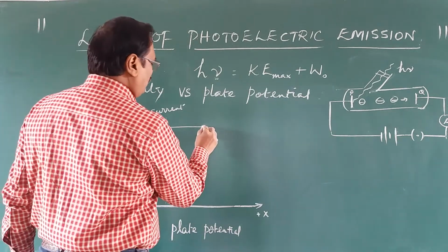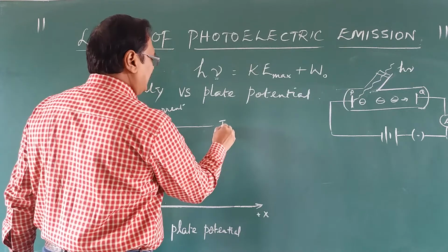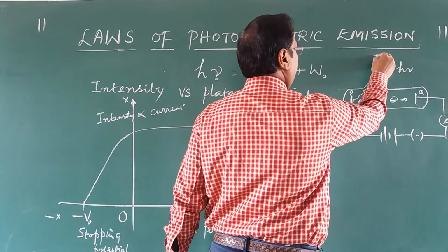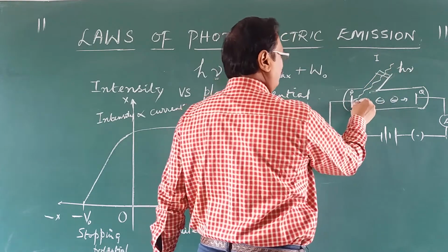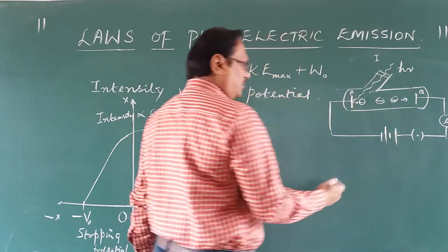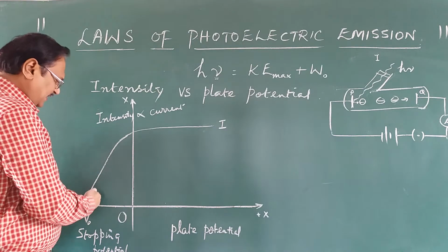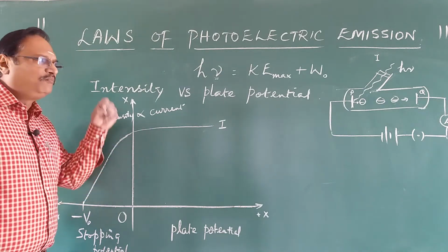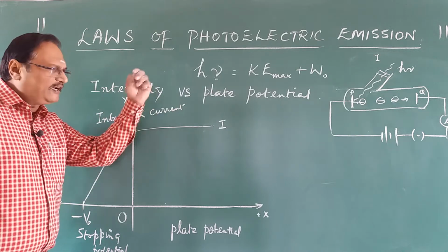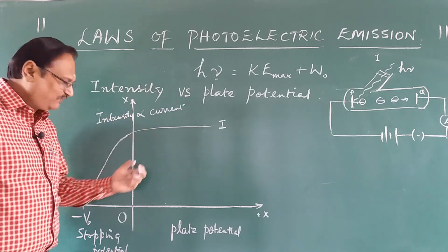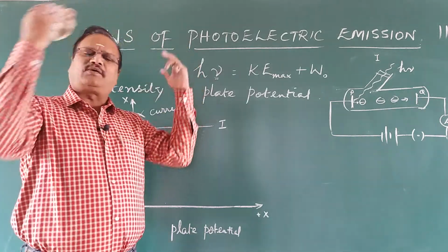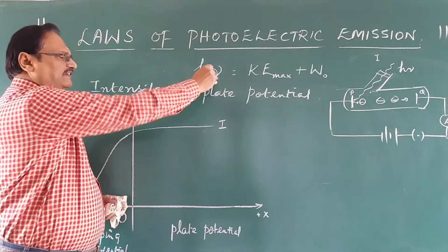And this is for an intensity I, the intensity of the light which is falling. As you decrease the negative potential, more electrons will go, and when it becomes positive, the electrons are negative and will come. But the current cannot keep increasing.